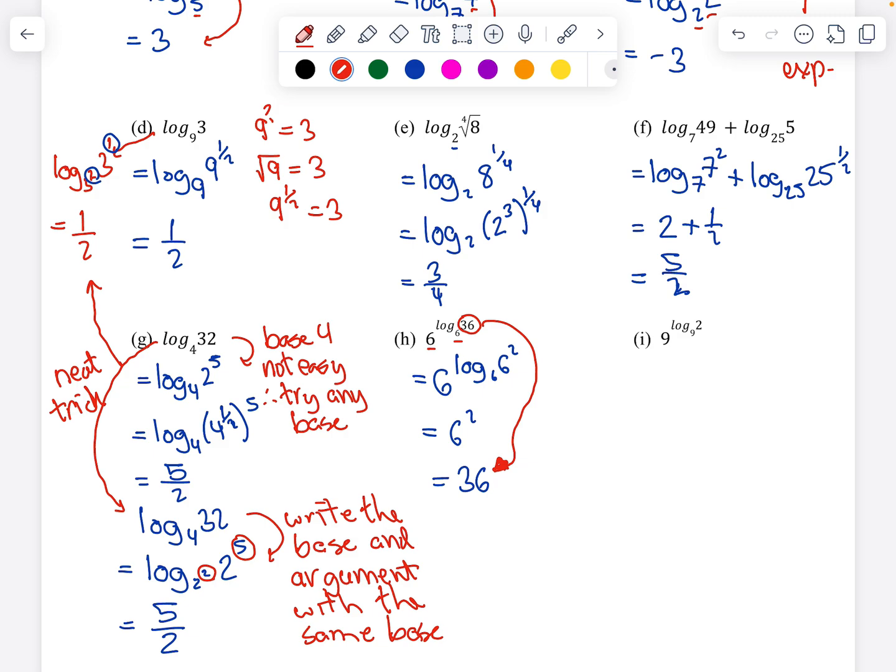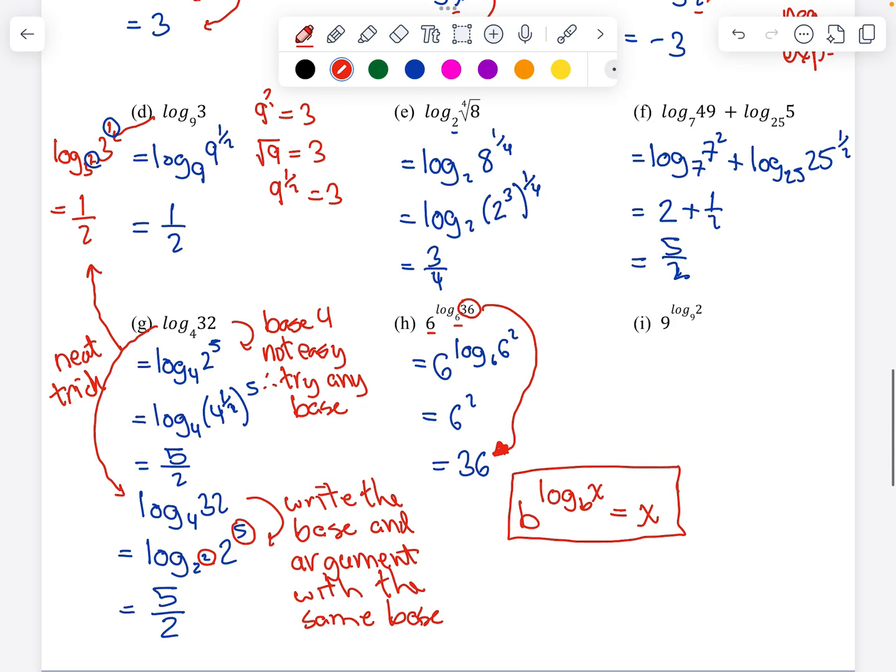What we need to remember here is that when you have the inverse of a function, so we have the exponential function and we have the logarithmic function, if I put one inside the other, these will undo each other, and we simply end up with our answer here of x. So our inverse functions essentially cancel each other out.